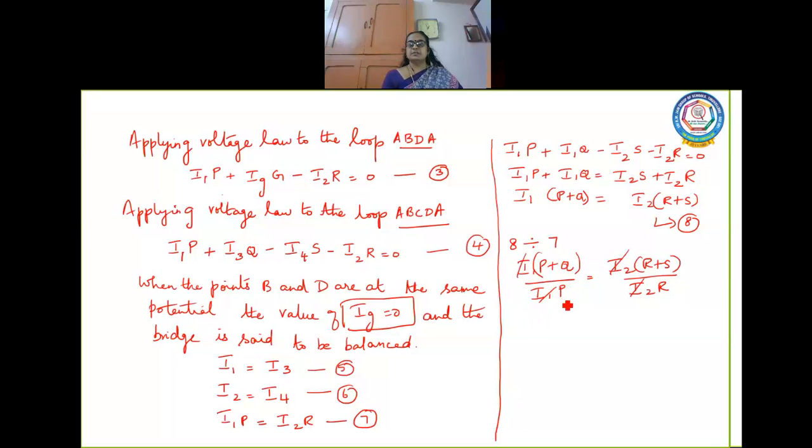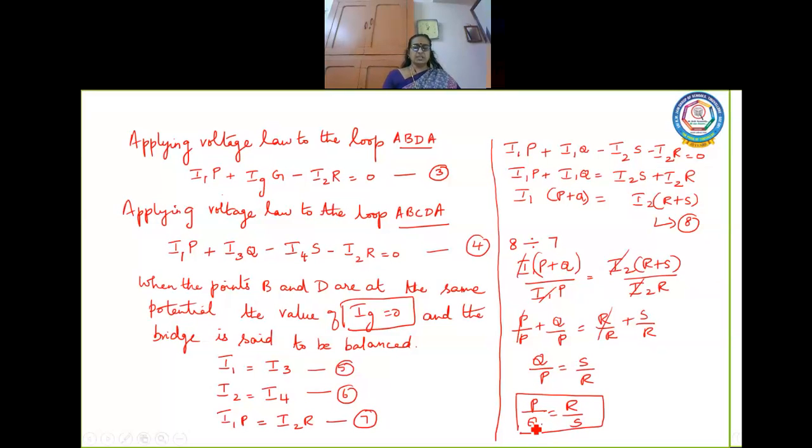So it is (P plus Q) by P is equal to (R plus S) by R. So P by P plus Q by P is equal to R by R plus S by R. So here also it gets cancelled. It becomes 1, which also gets cancelled. So here is the equation. Q by P is equal to S by R, or P by Q is equal to R by S, which is the balance condition. Okay, so this is the bridge balance condition.